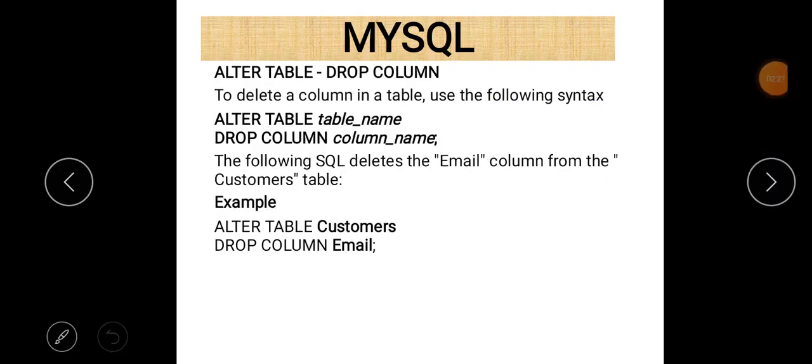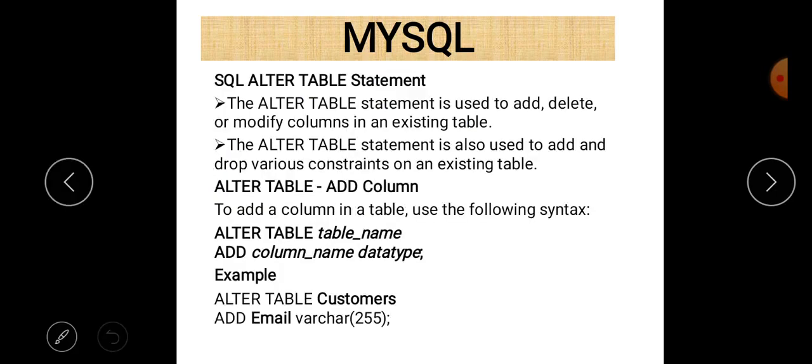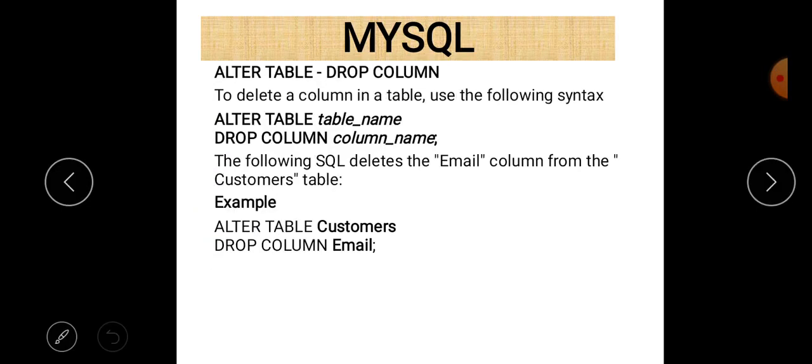Next is drop column. If you want to drop a column in an existing table, there is a keyword used that is called drop. So we write alter table, then the table name, and then drop column. In the first case we write add, but in this case we write drop column, not just drop, because drop is itself a command to drop a particular table in a data structure.